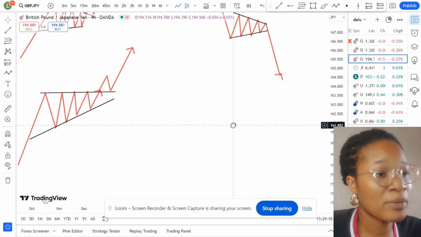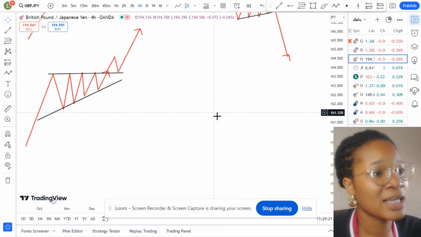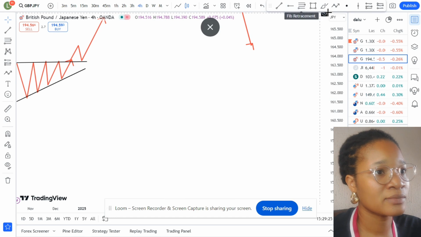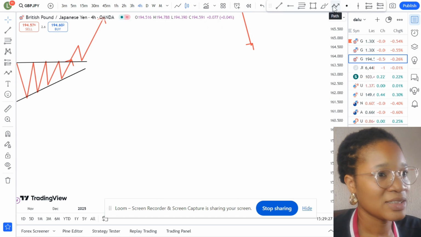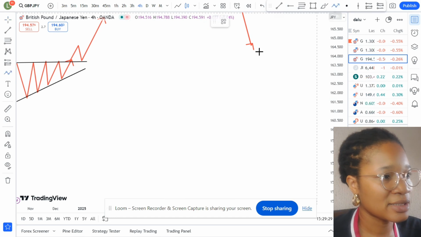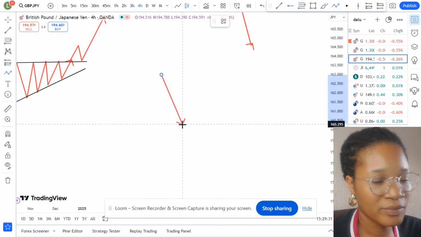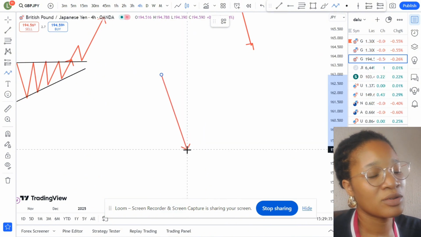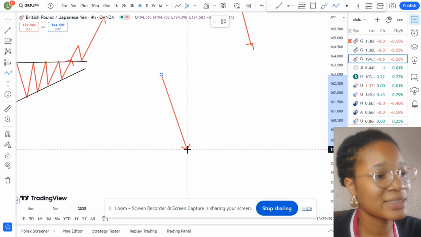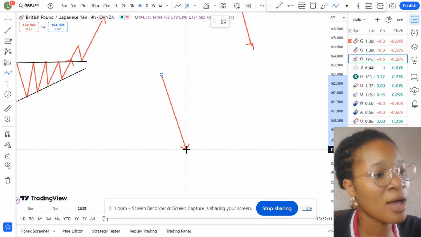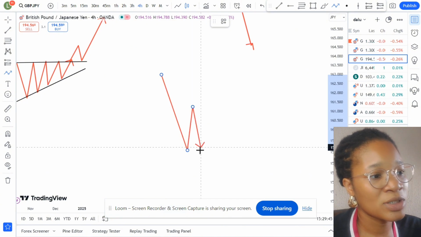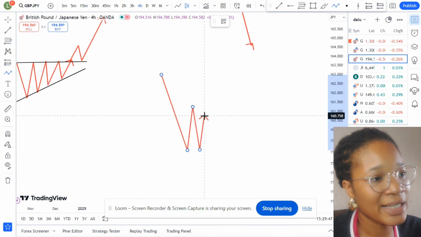So same also, we can have that on the other side, which is a sell movement, right? So let's say price is coming down here and it is giving a horizontal support, but the resistance, if you draw a line onto it, you would find that it is like a diagonal line.